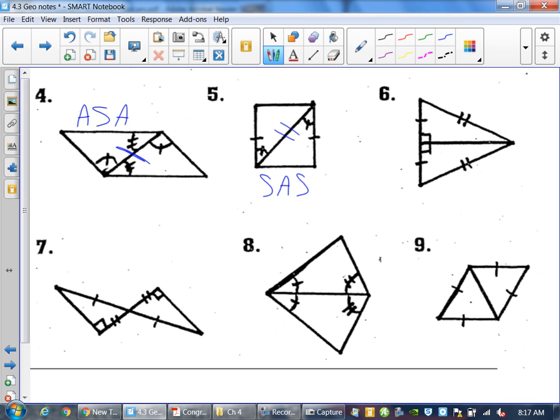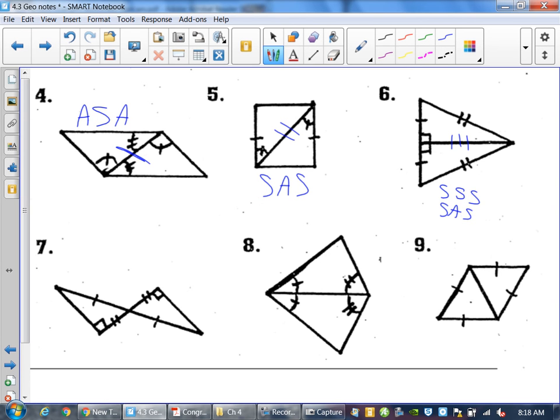On 6, what do you have? There's a bunch of different ways you can do this. You have a shared side. If you threw the shared side in, you could have side, side, side, because you've got all 3 sides. Or you could have done side angle side, because you've got that one in between them.